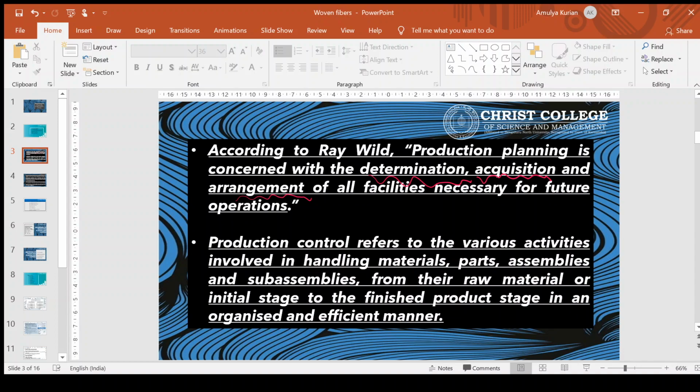These are the functions of production planning. In detail, it will be given in the notes. Please refer to the notes once the unit is completed.